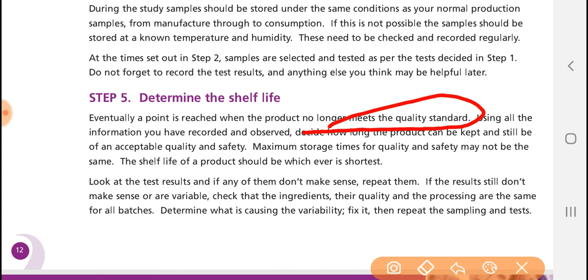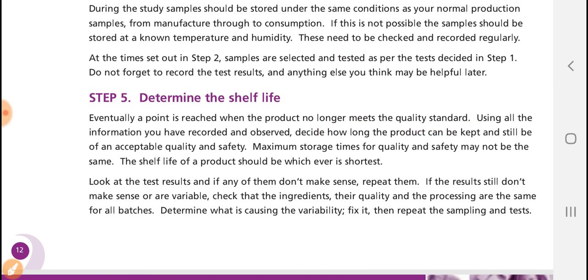Then, using all the information you have recorded and observed, decide how long the product can be kept and still be of acceptable quality and safety. And maximum storage times for quality and safety may not be the same. And the most important thing is that the shelf life of the product should be whichever is the shortest.